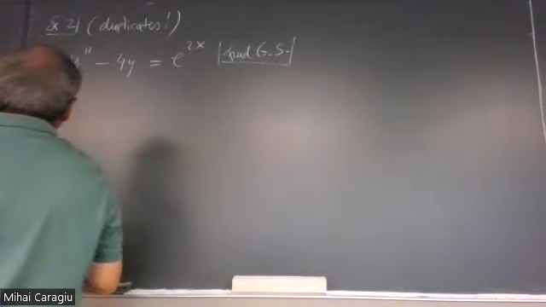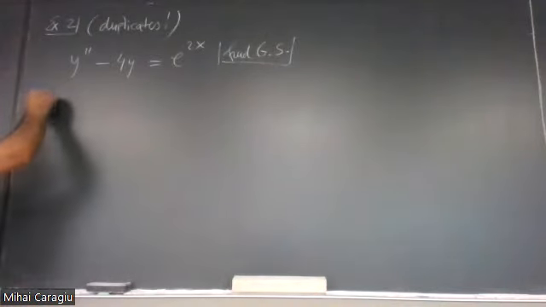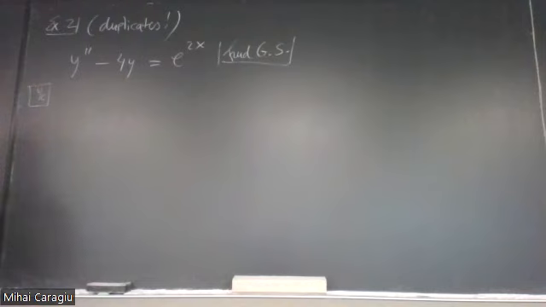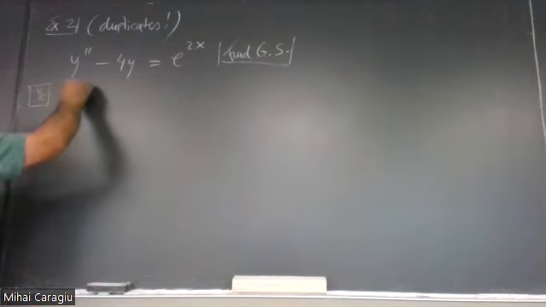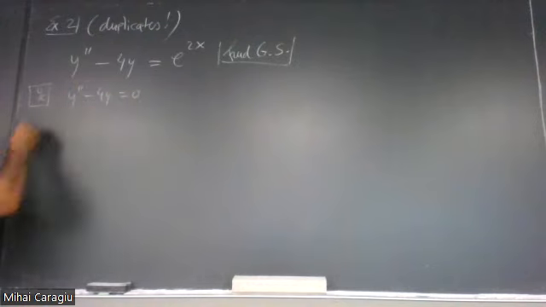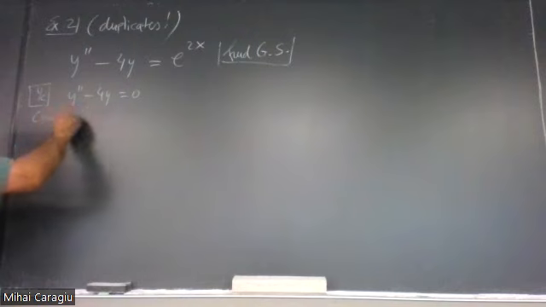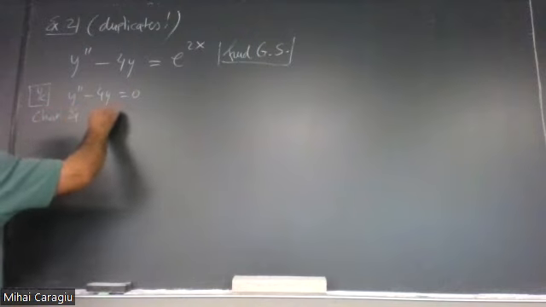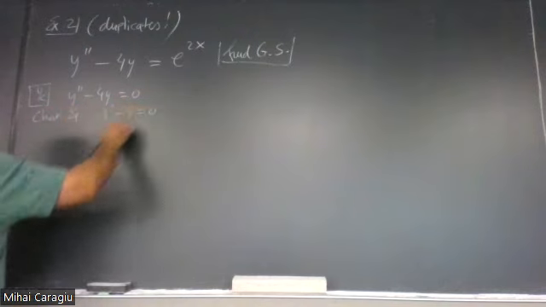Okay, as always, let's find y sub c first. Y sub c is the general solution of the homogeneous equation, y second minus 4y equals 0. Characteristic equation is r squared minus 4 equals 0.